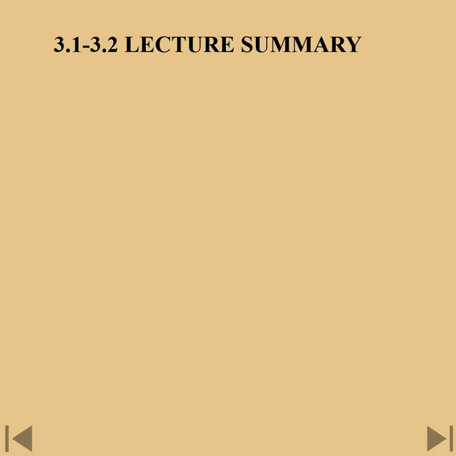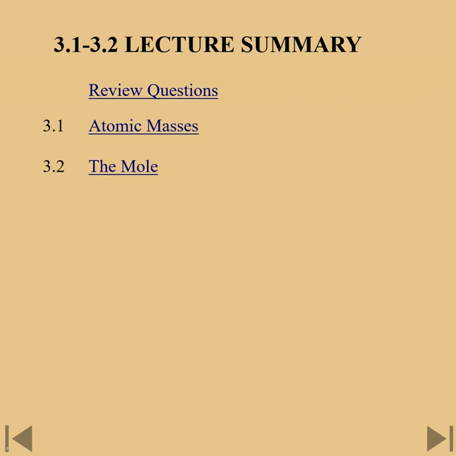Okay, that completes our lecture for today, and we learned about atomic masses. Remember, the mole is the chemist's dozen. It's just a number. Don't think of it as being something super special. It's just a number. It's a very big number, but it's just a number. And we learned about Avogadro's number, the mole number.